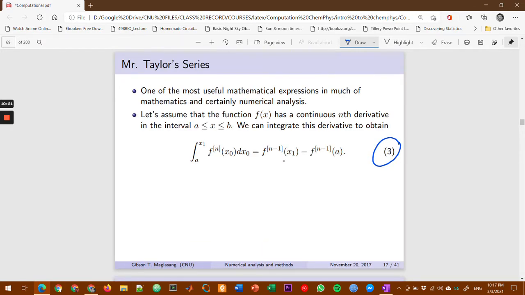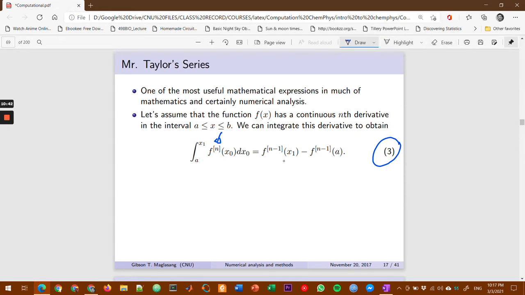Okay? So you have this function, tapos na-exist ang iyang nth derivative. And if you integrate that one at this limit, okay, we know nga ang integral ana is just this. Diba?